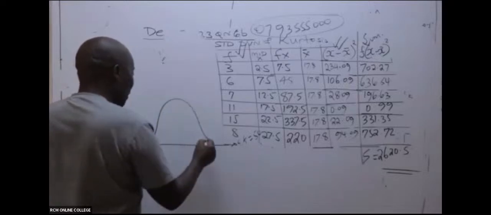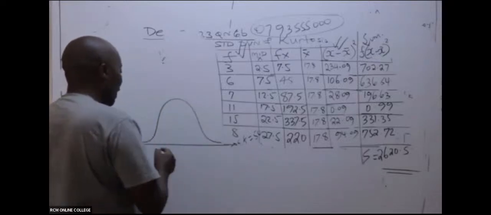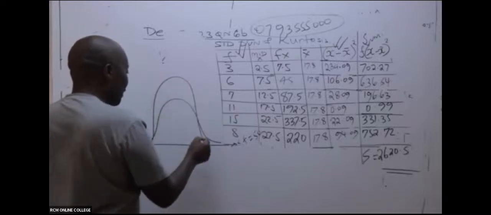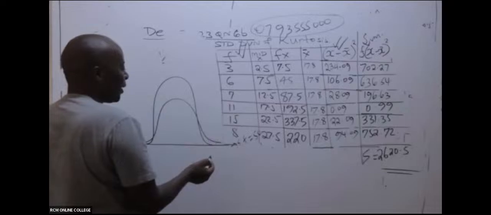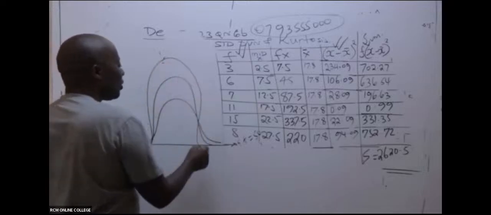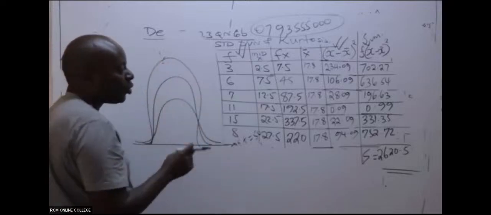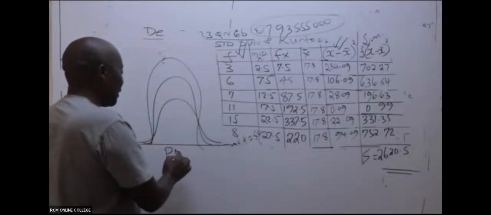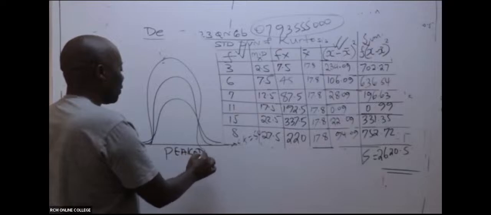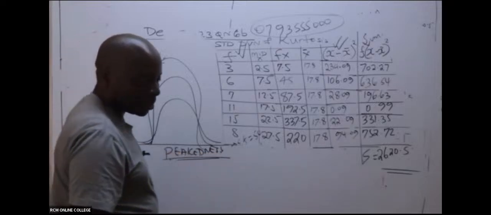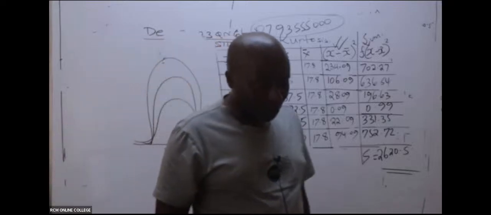We have what we call a normal distribution, and then we have one that is mesokurtic, and one that is so tall. So the measure of peakedness is what we call kurtosis.